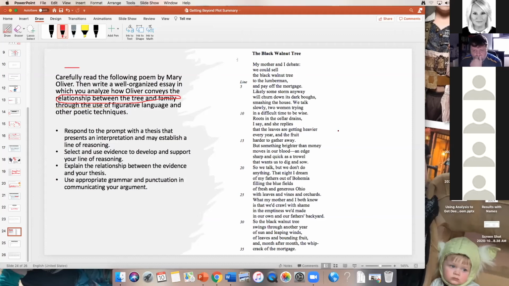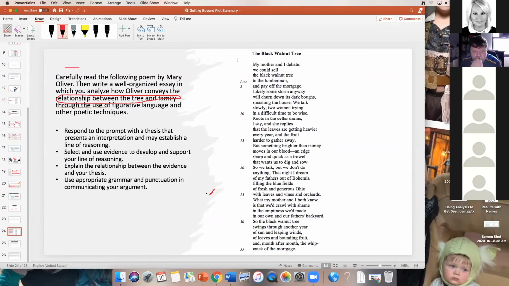But something brighter than money moves in our blood, an edge sharp and quick as a trowel that wants us to dig and sow. So we talk, but we don't do anything. That night I dream of my fathers out of Bohemia, filling the blue fields of fresh and generous Ohio with leaves and vines and orchards.